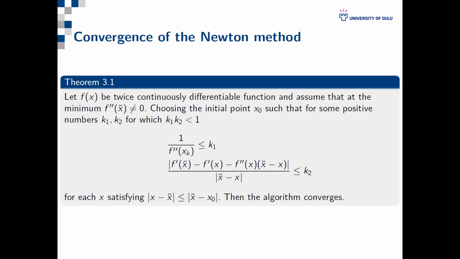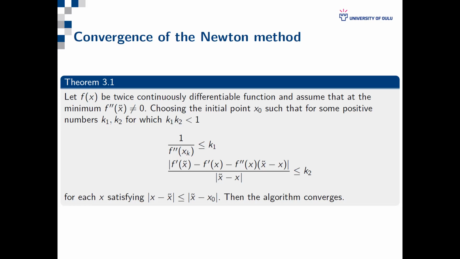But it says that if you choose the initial point for the Newton method close enough to the true minimum point, then these two conditions here for sure are satisfied.